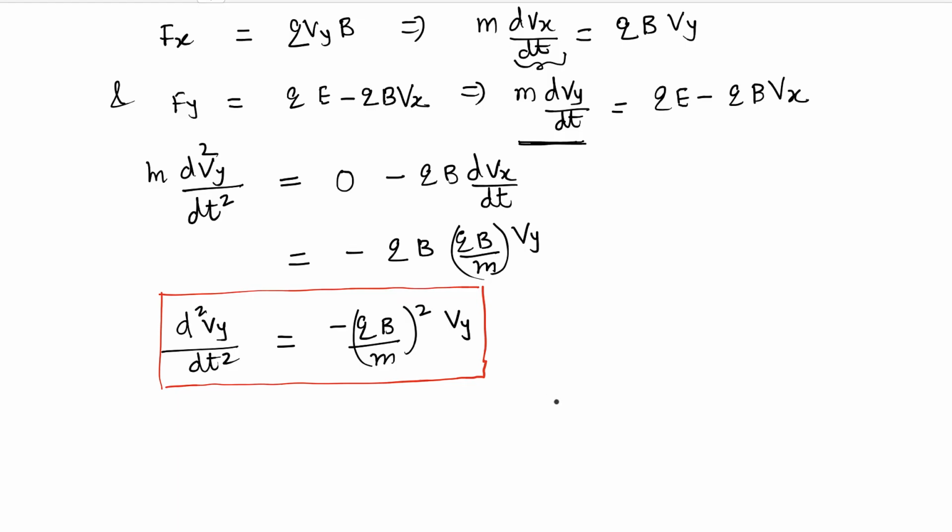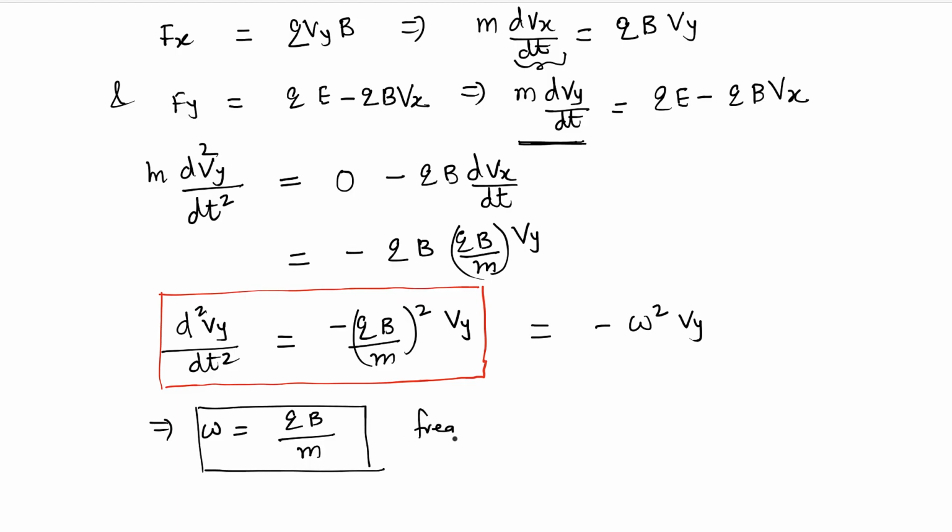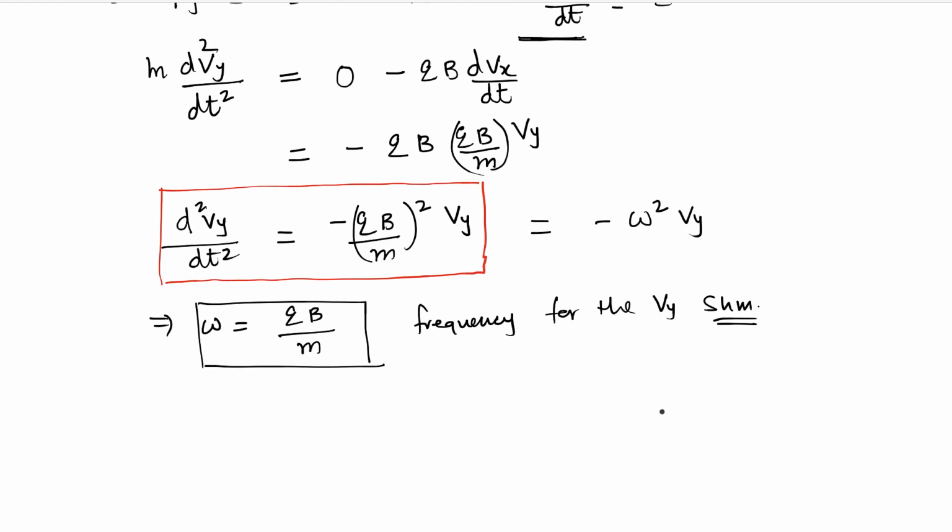So we can also write this as minus omega square Vy, and therefore omega is qB by m. So this is the frequency for the Vy SHM, the particle's velocity.